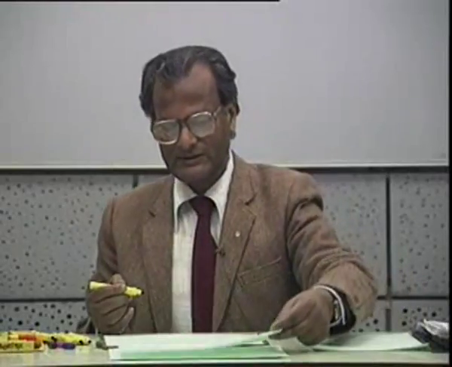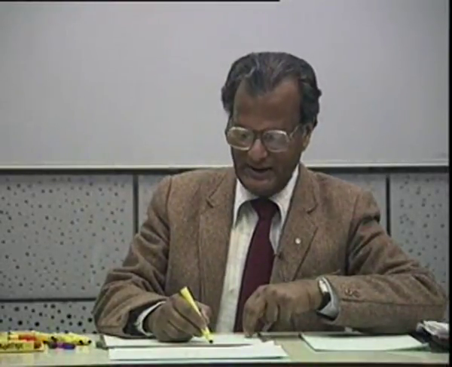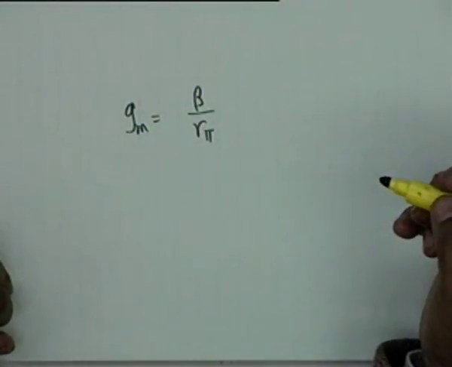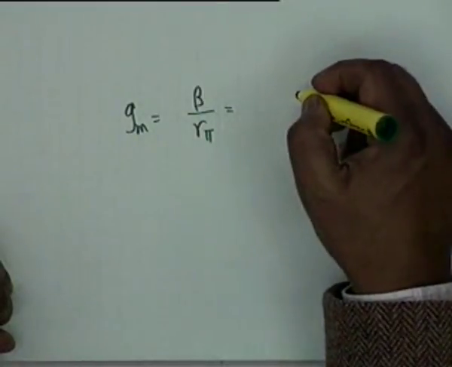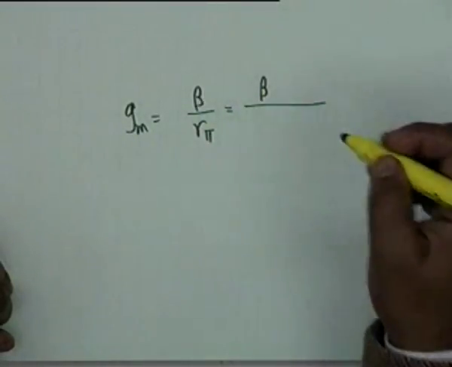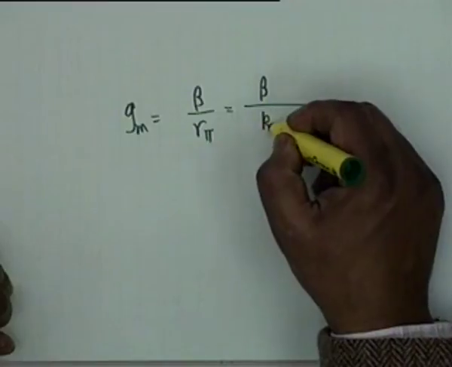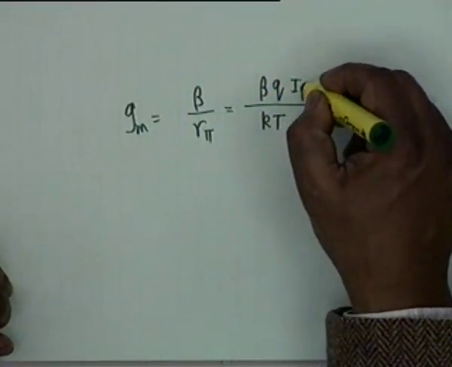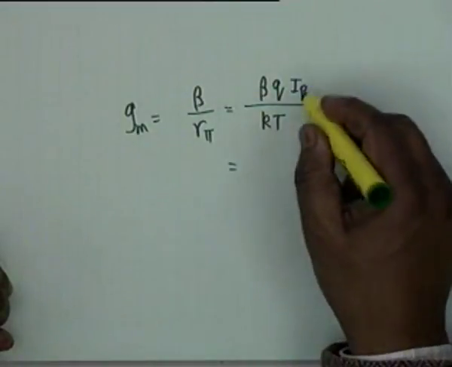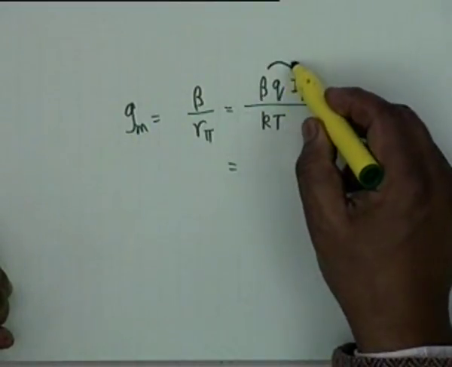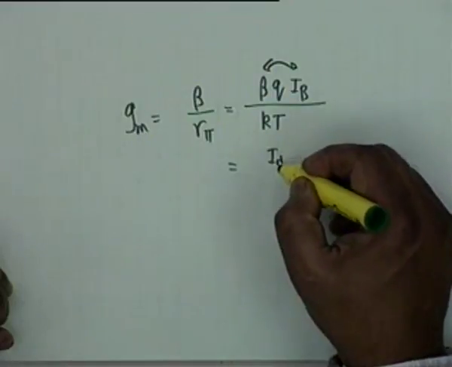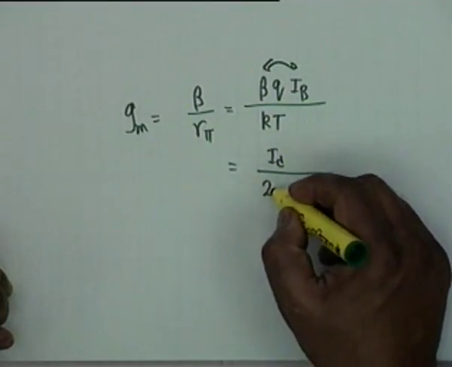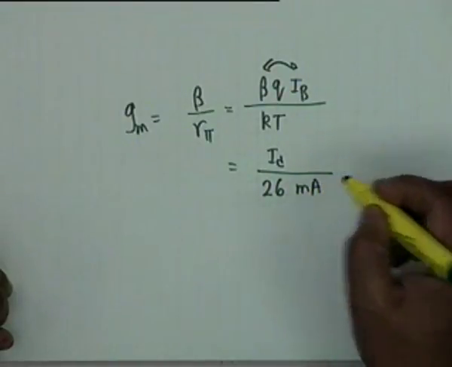You also notice that GM is equal to beta divided by R pi. I can write that as beta divided by R pi, which is KT by Q I sub B. Now beta times I sub B is approximately I sub C, so it is I sub C divided by 26 millivolt at room temperature.